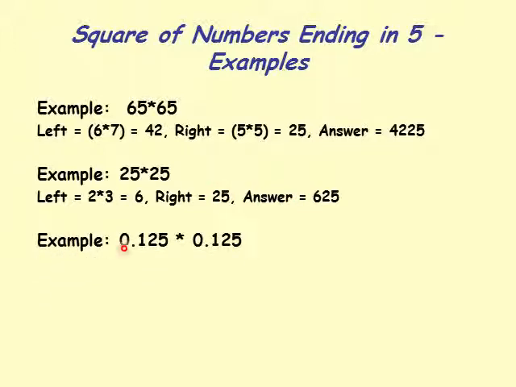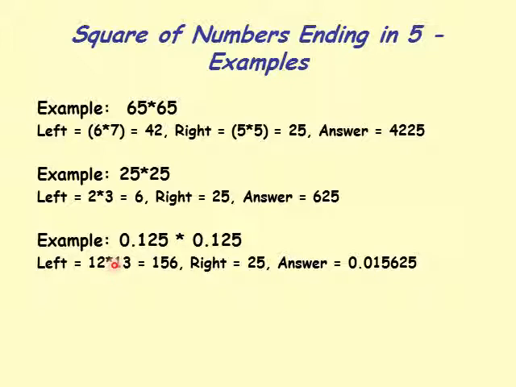Another example, 0.125 times 0.125 is 12 times 13 on the left, 156, and 25 on the right, it's 15625. I need to have 3 digits after the decimal for each number, so we would need 6 digits after the decimal, so for that we would get 0.015625.